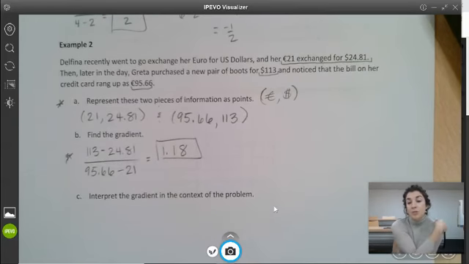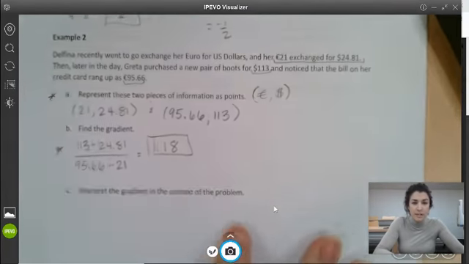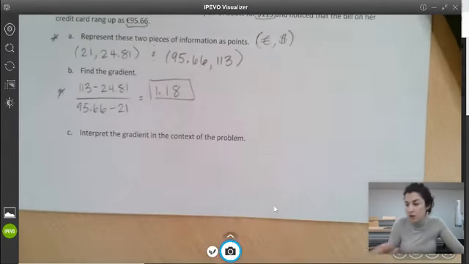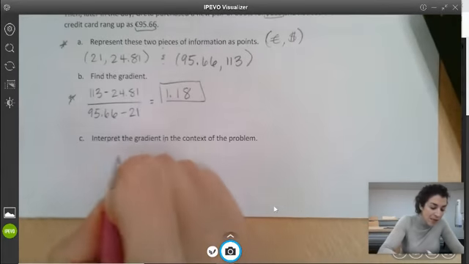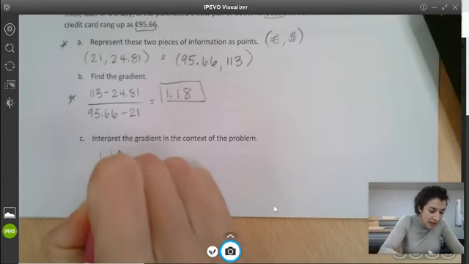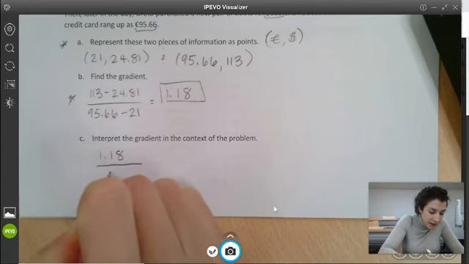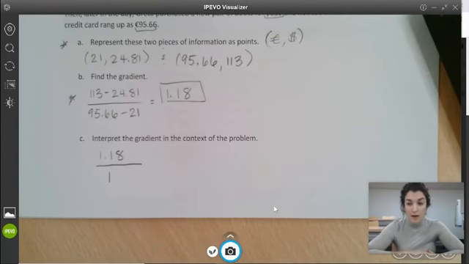So then when it says to interpret this in the context of the problem, every time with slopes, if my answer is given as a number like this, which in a lot of real world problems it is, I like to think of it as a ratio over 1, because what the gradient really is is this unit rate.